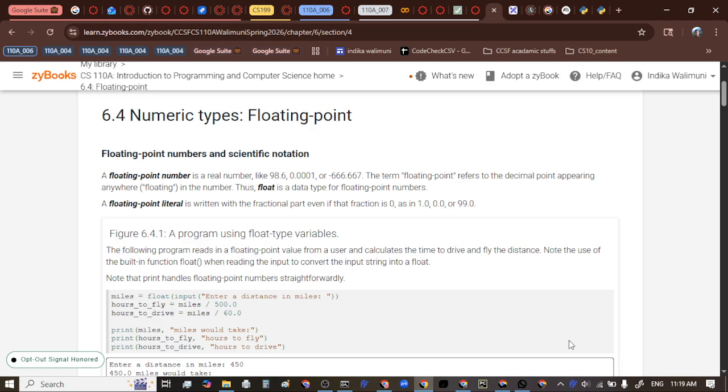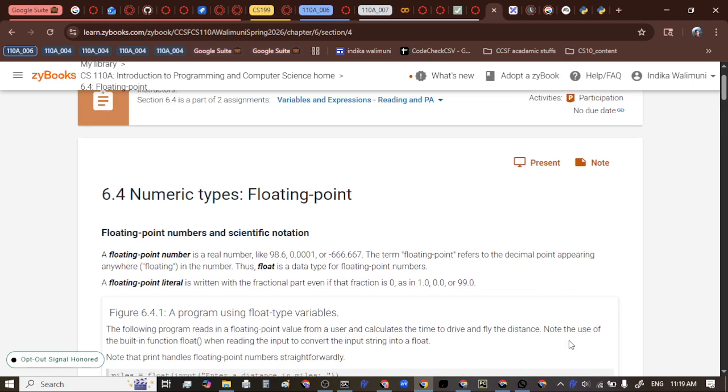We already have been using this, right? So there are 2 types of numbers. We already discussed the integer type, right? The other format is just regular fractional numbers, with the decimal point. So we call them floating point numbers.